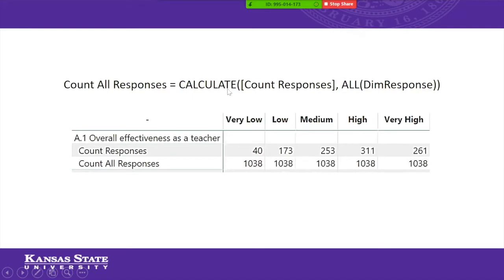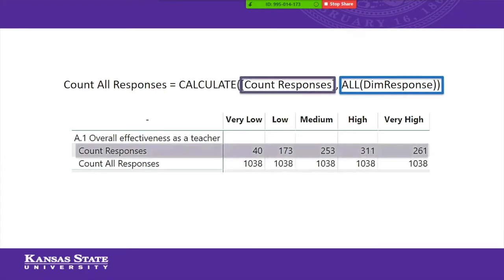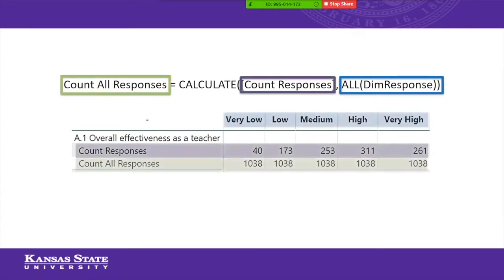Calculate lets you change what filters are being applied to your data when it's displayed. And then this all says do it over all of these things from this table, which are the very low, low, medium, very high, and high. So we have the all, we have count responses, and we have count all responses there.